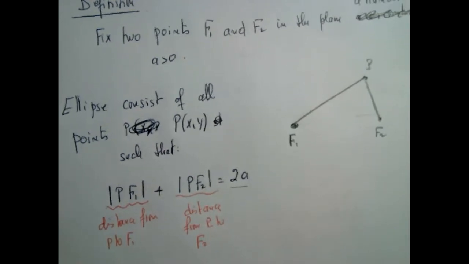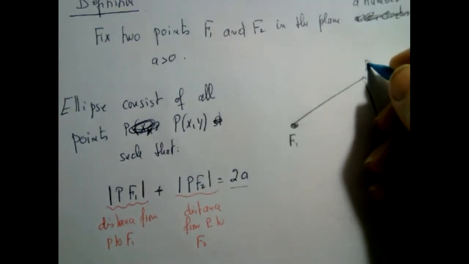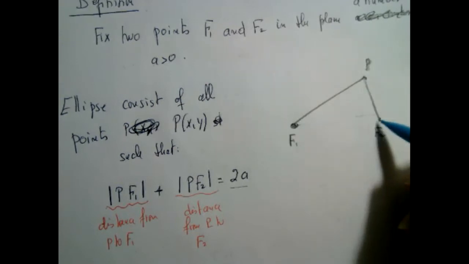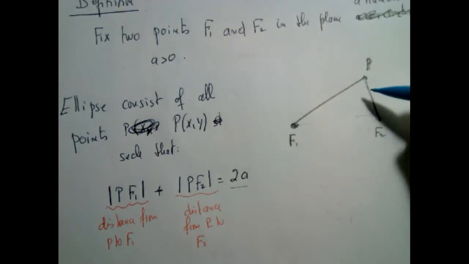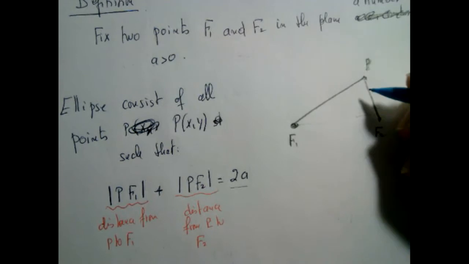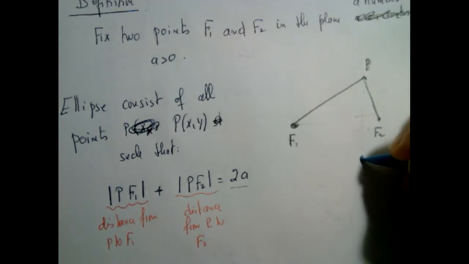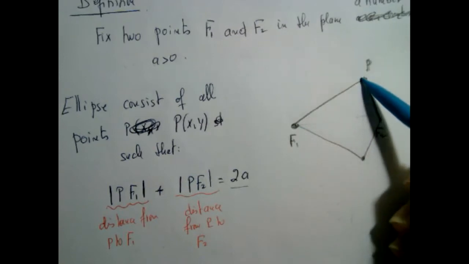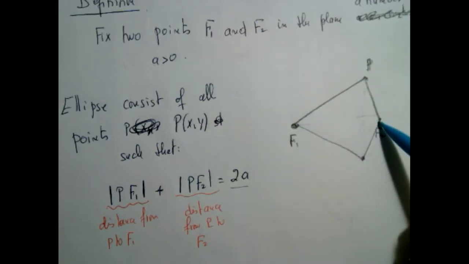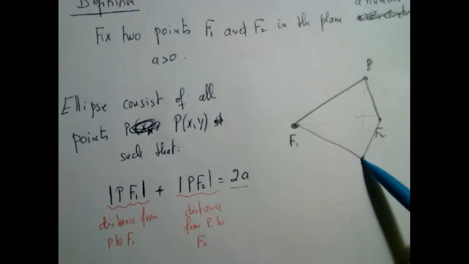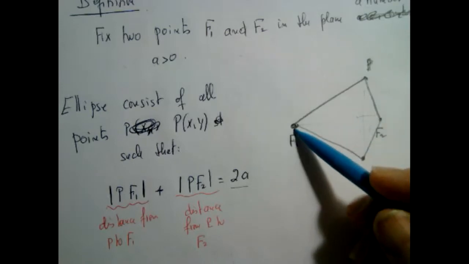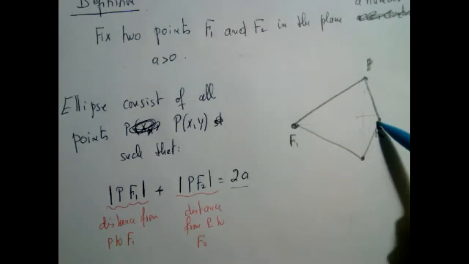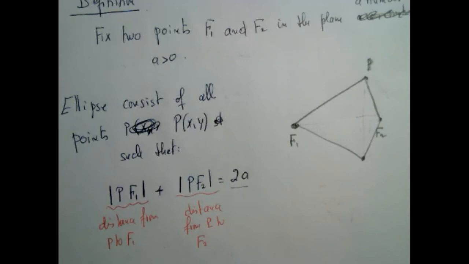Now, suppose I give you this point P, and I tell you this point satisfies this condition. Another point that will immediately satisfy this condition is this point right here. Why is that? If PF1 plus PF2 is 2a, and I take this point which is symmetric to it, the sum from here to here plus from here to here will be equal to 2a also.